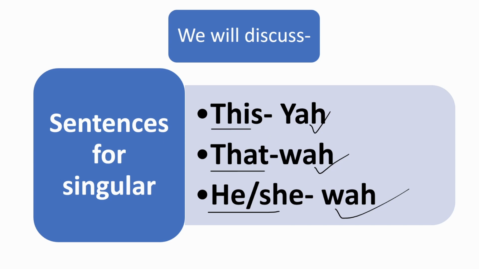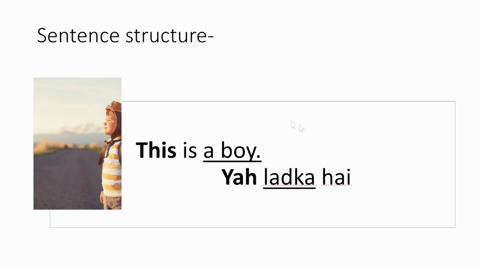Now let's go to see sentence structure. If you want to say this is a boy, the meaning of this means yah, the meaning of boy is ladka, and is means hai. So in Hindi it will be yah ladka hai.